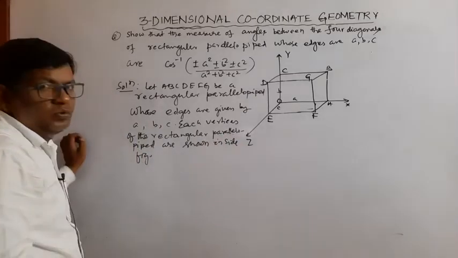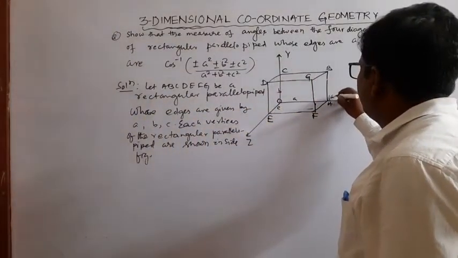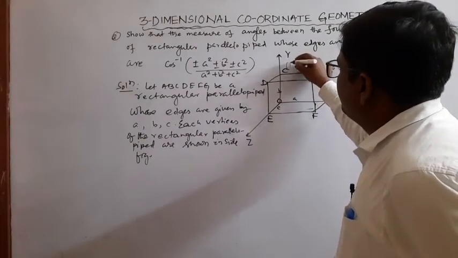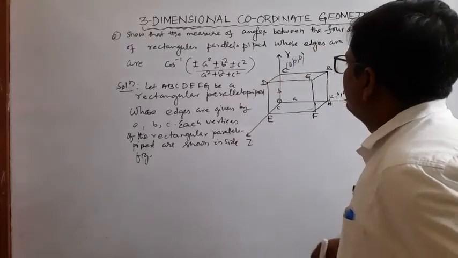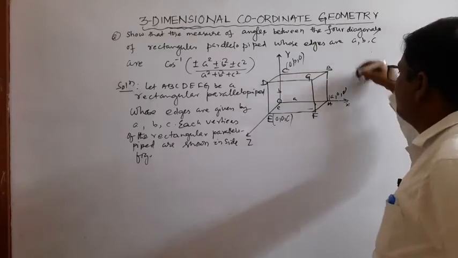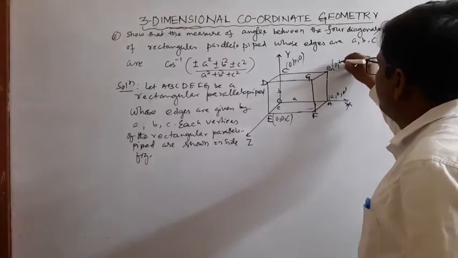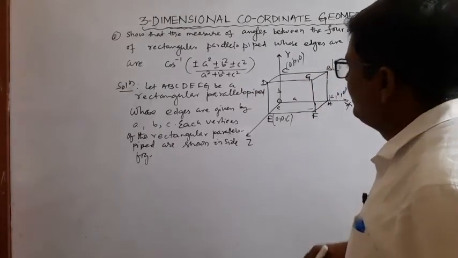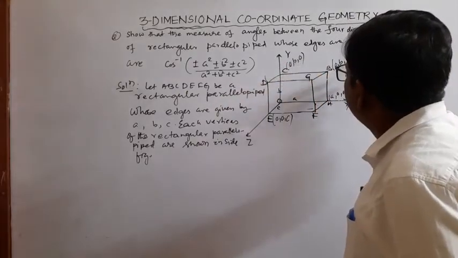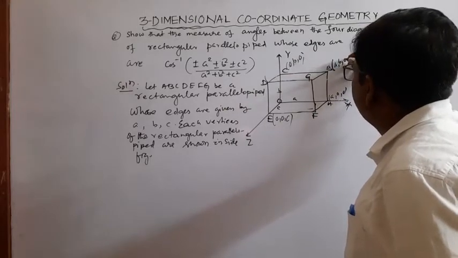Okay, so this is what? A is a, 0, 0, this is 0, b, 0, this is 0, 0, c. For the point in the xy plane, point B is what? 0, b, c. D is in the xy plane, so the point is a, b, 0.